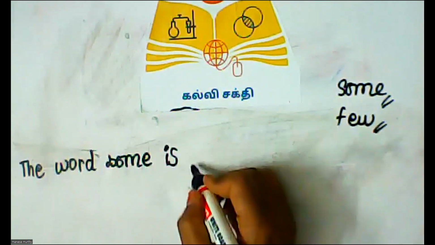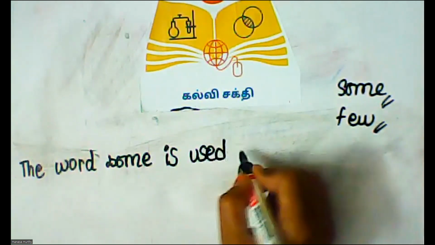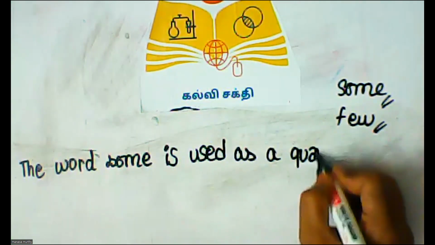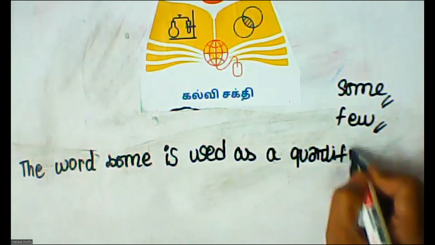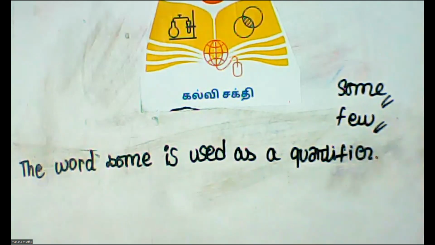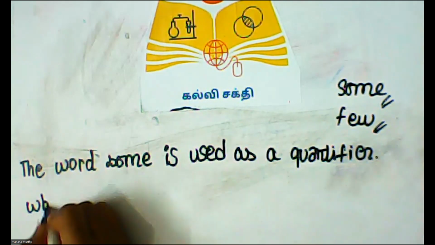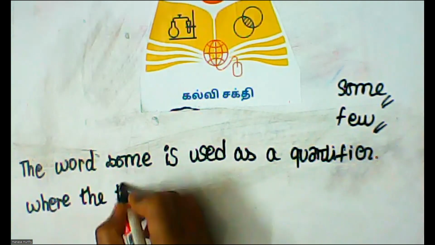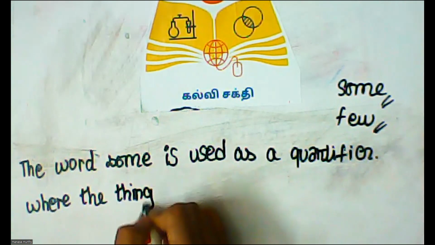The word some is used as a quantifier where the thing you are referring to is uncountable.